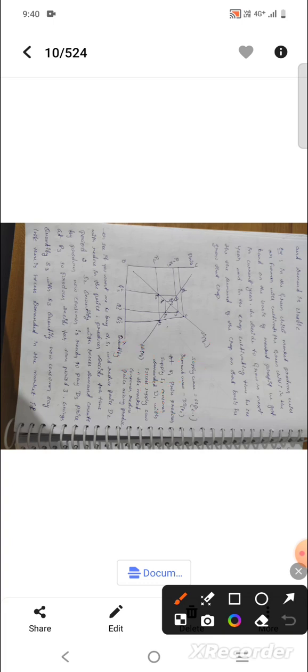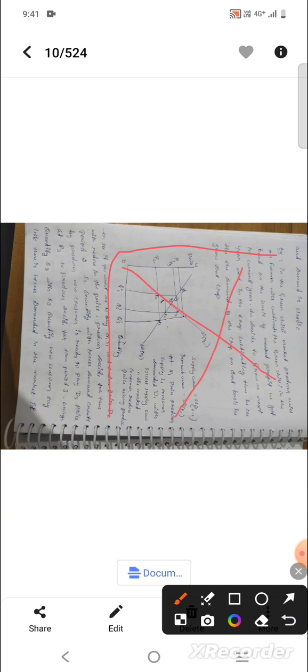Then here, quantity is on the x-axis and price on the y-axis, and at price P1. Here I will explain the graph I am drawing. The supply curve is steeper and the demand curve is flatter.